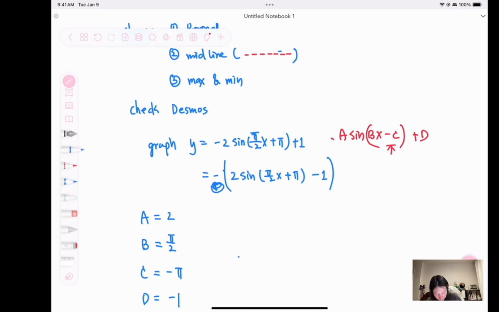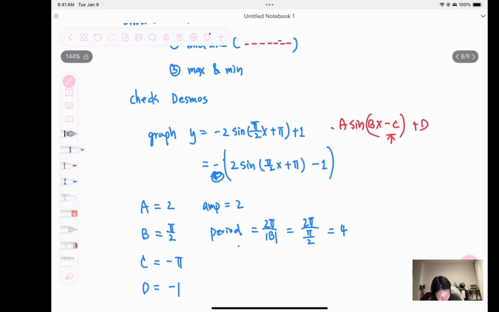All right, now we know that the amplitude is equal to 2. And 2 pi over b gives you the period. The period is equal to 2 pi divided by the absolute value of b, which is 2 pi divided by pi over 2. Simplify, it gives you 4. So that means the function is going to repeat every 4 units. And C gives you the horizontal shift.